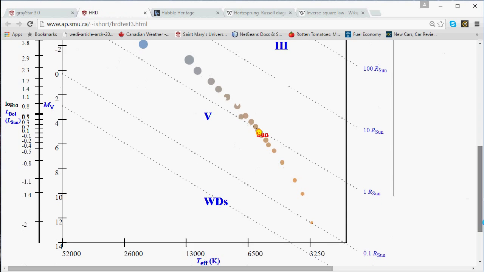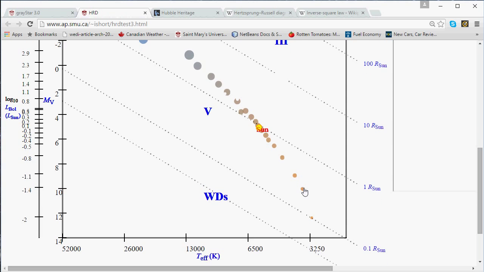What these stars all have in common that makes them part of one group is that they lie along almost a straight line in the HR diagram, a line running from the lower right hand corner and running up to somewhere more towards the upper left. So that is a line running from the corner where effective temperature and luminosity are fairly low and running up to the region where effective temperature and luminosity are larger.